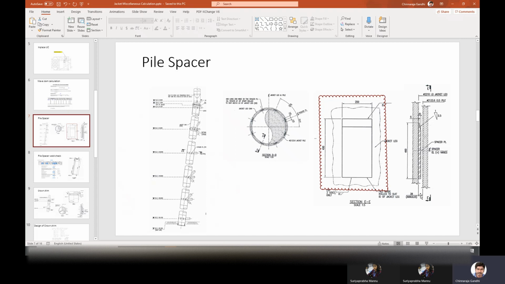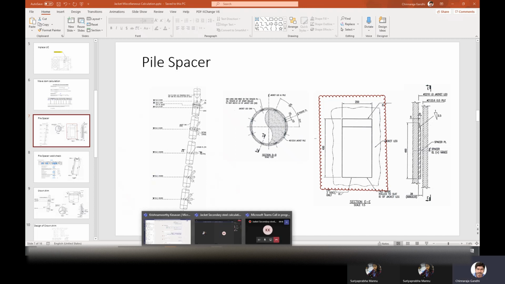Whatever the 18 mm is, it is going to increase on this side, so only 4 will be active. In that 4, we may not know whether 100% will touch or not, but definitely these two will touch. For that, we assume at least two of the pile spacers will hit the pile. Okay, I think everybody is following, correct?